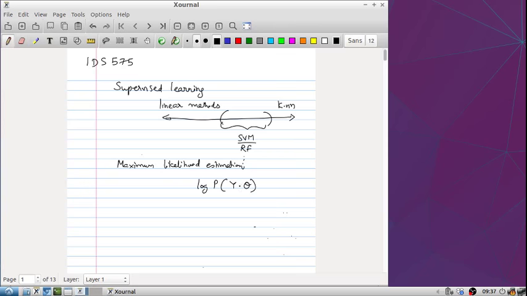It need not be a vertical line; it can be something like a comma. Then you want to maximize over parameters. For example, if you're fitting a Gaussian, it's the mean and variance that you're trying to maximize over.